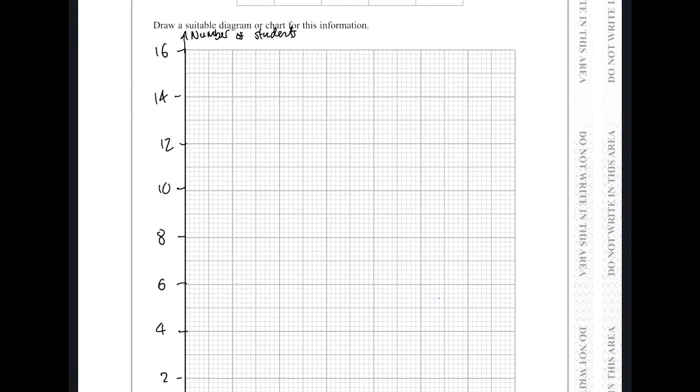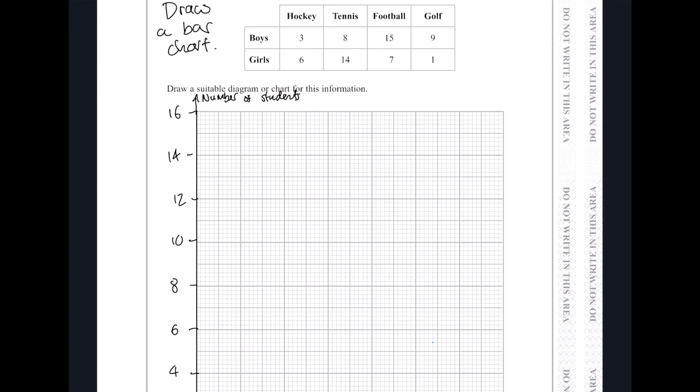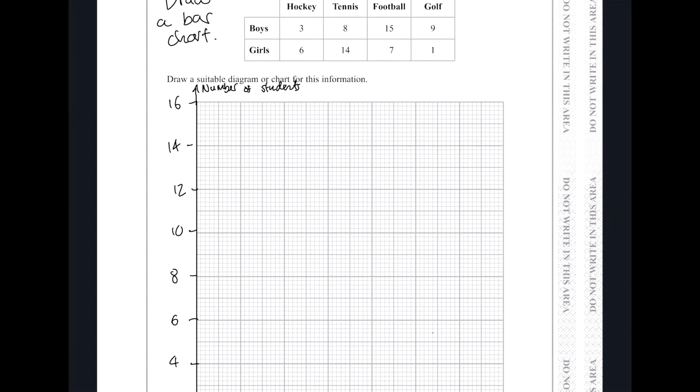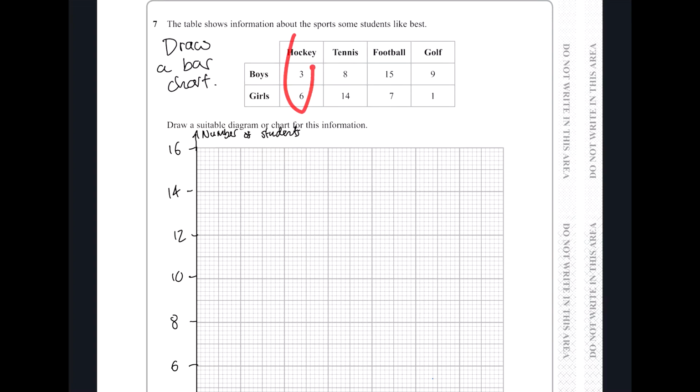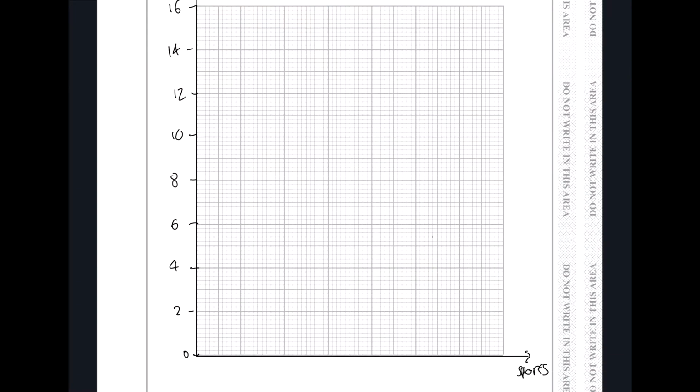Okay, so that's 0. Now on the x-axis, we need to fit our bars, so the widths for each of the sports. So we have 4 things: hockey, tennis, football, and golf. And each of those has 2 bars or 2 main data points within there.